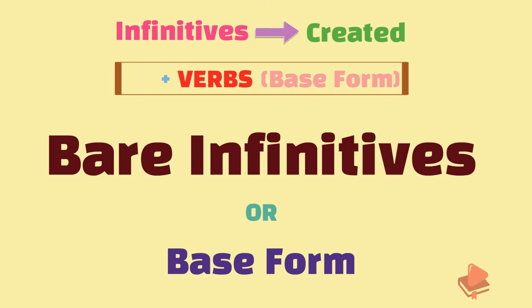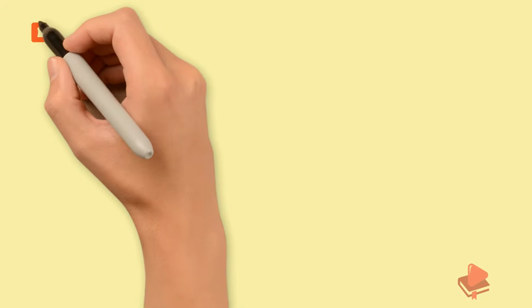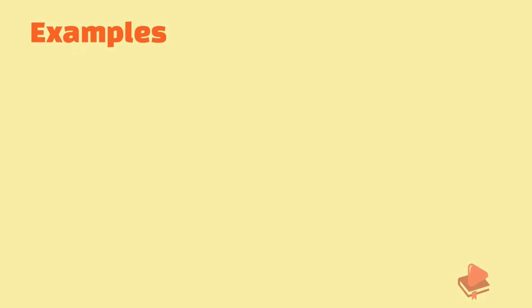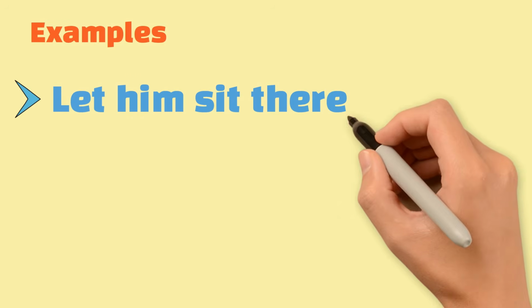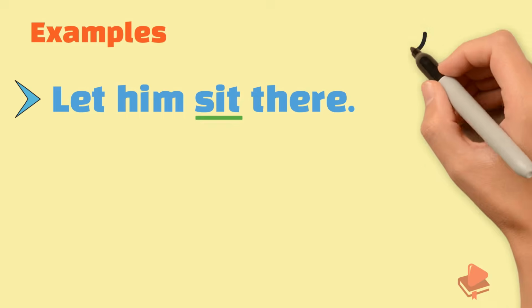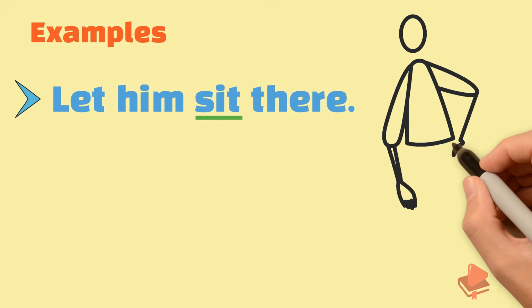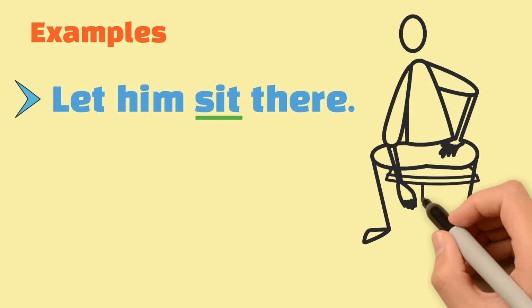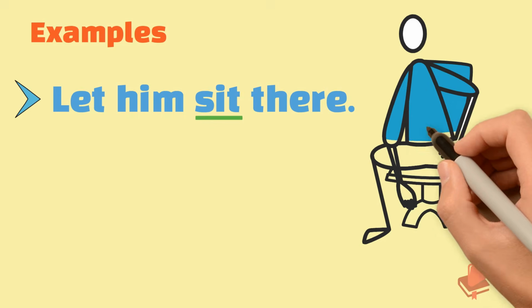That means in bare infinitives, we do not use the word to. Let's understand with some examples. Let him sit there. Here, sit is a bare infinitive as we have not written to sit. So, it's an example of bare infinitives.